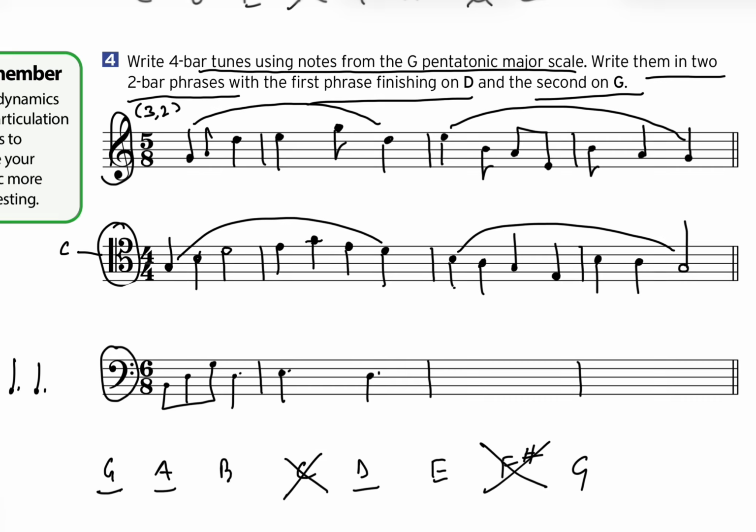Then we can go to B, go to A, go to G, then we go to A again, we go to B, we go to D, here we go to E and finish on G. So this will be the dotted quarter note, and here are the eighth notes.